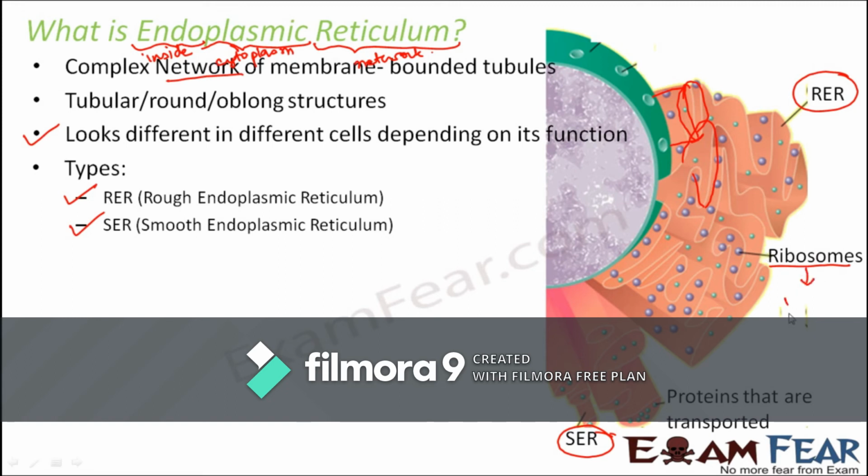Then what do these ribosomes do? Ribosomes are the site for protein synthesis. So proteins get synthesized on the ribosomes. These ribosomes are present on the endoplasmic reticulum, so that type of endoplasmic reticulum is called rough endoplasmic reticulum. But the smooth endoplasmic reticulum does not have ribosomes. The smaller green dots represent proteins.